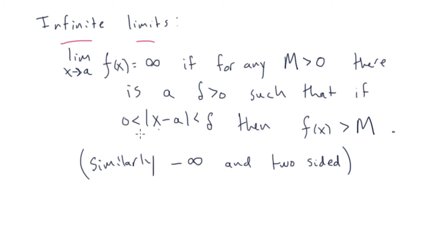You just want to replace this with x being between a minus delta and a, or between a and a plus delta. And then for minus infinity, instead of f of x being larger than some big positive number, you just want it to be less than a large negative number.